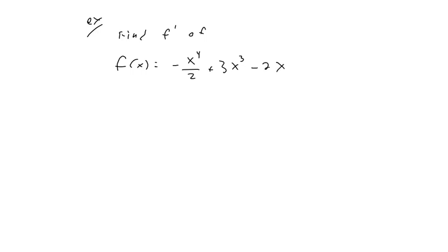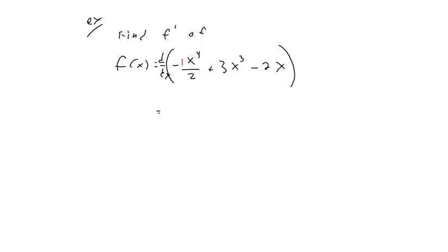I do d dx for the whole thing, I do the derivative, and I do each part independently. So the derivative of negative x to the fourth over 2. Well, I'm going to have a constant here. I have a constant of negative 1/2. So I'm going to take that negative 1/2, put that in front, right?